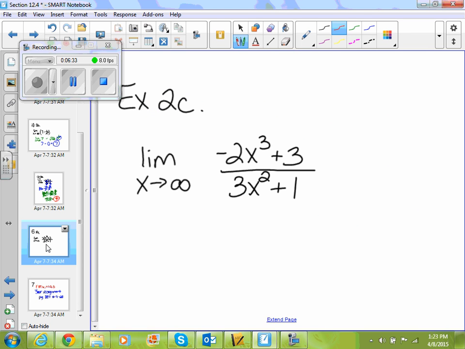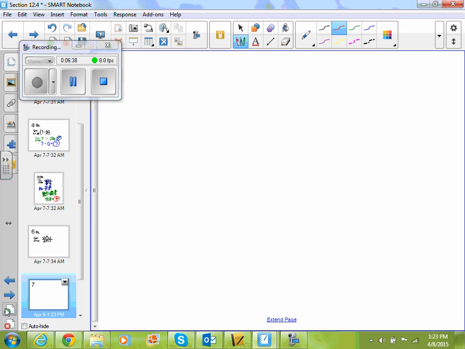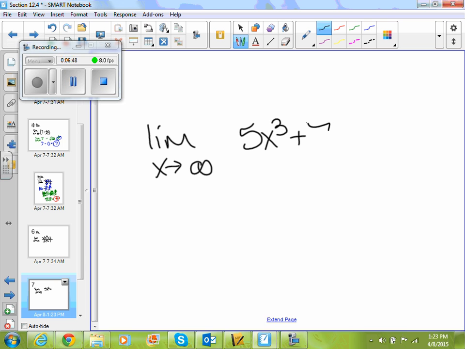Okay, let's do one more like that, and then that is the exact same problem. We are not doing that one. I'll make one up. We'll do the limit as x approaches infinity of 5x cubed plus 7 divided by 2x cubed plus 3.